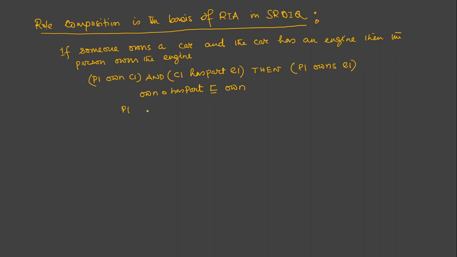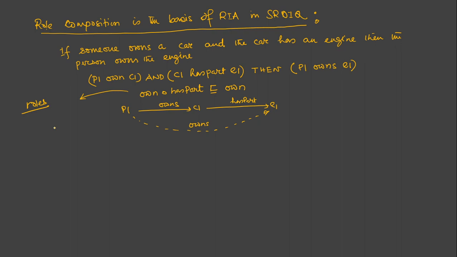P1 owns C1, then C1 has part E1, and we derive the fact that P1 owns E1, right? This is what we call role composition. We are composing two roles to obtain another role.